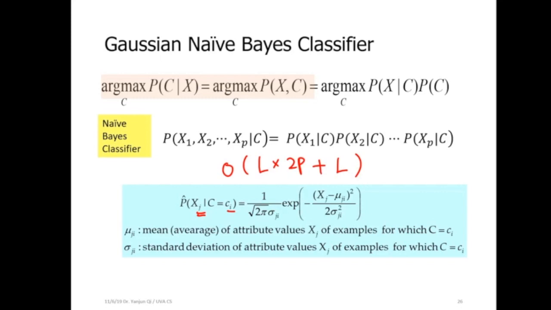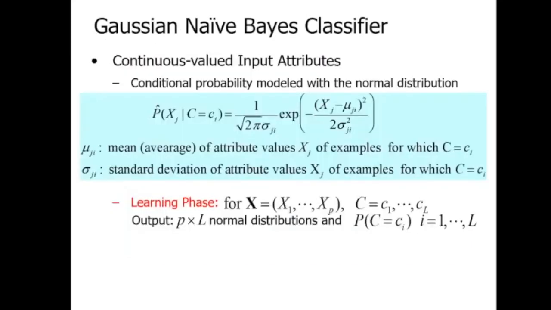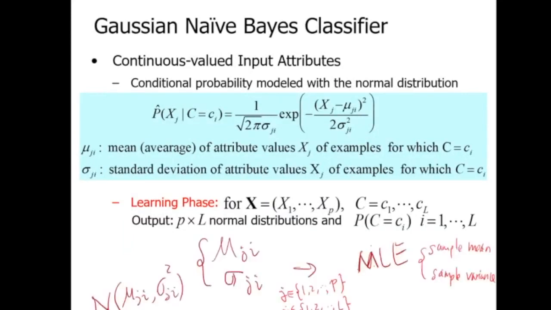The size is linear in p, similar to our naive Bayes classifier. The number of parameters is linear in p. The estimation is the same: you use the sample mean and sample variance, conditioned on a specific class Ci. That's really important.